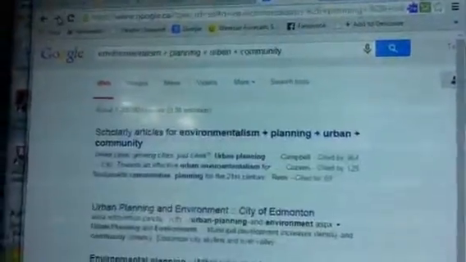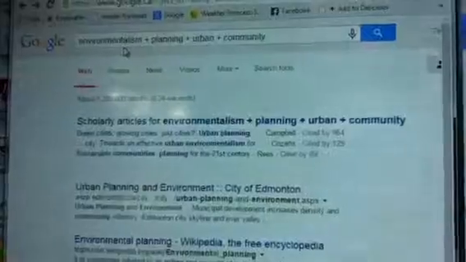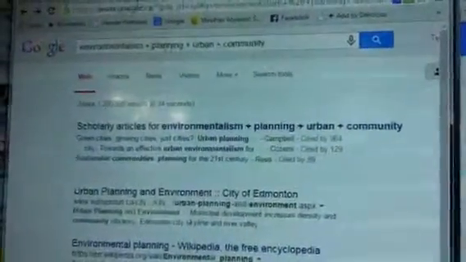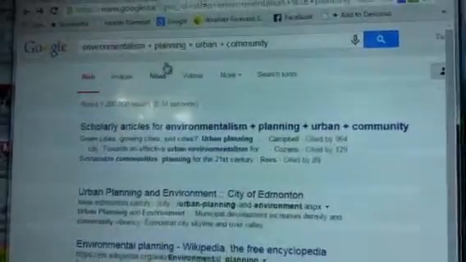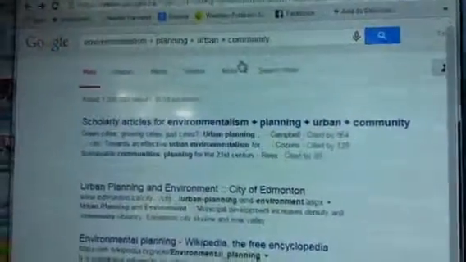But with our planner, we have asked them to be more critical in thinking about the sites they are using. So I will ask them to use the plus and minus indicators to further get their search to be more appropriate for what they're trying to do. So by taking out words that don't apply and adding the plus, now we're looking at environmentalism, plus planning, plus urban, plus community.